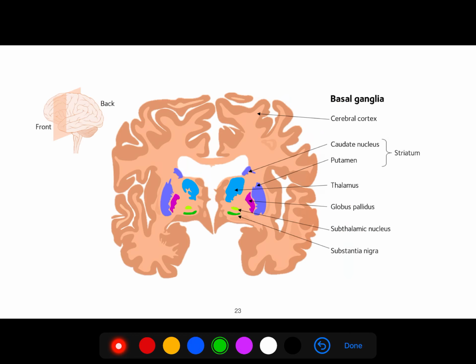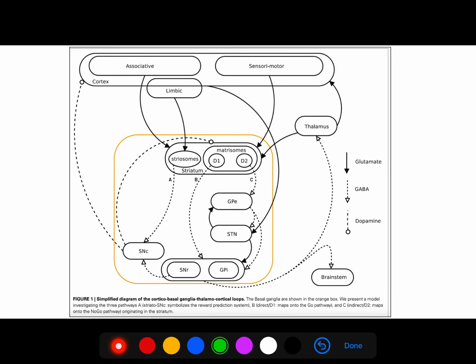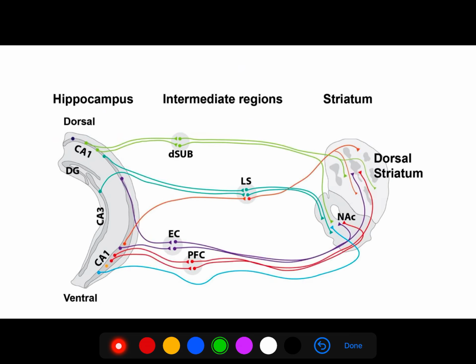And this is the cerebral cortex here. Thalamus is important here. What is important is a striatum. This is a striatum. If you have a section of your brain, you can see it like this. And this is an important picture from one of their papers.